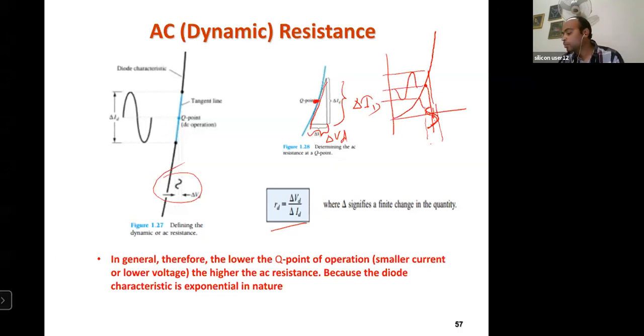So by changing the input this much, the output side current changes this much. In the input side we are altering the signal, so that's why the resistance in that particular range is called the AC resistance.